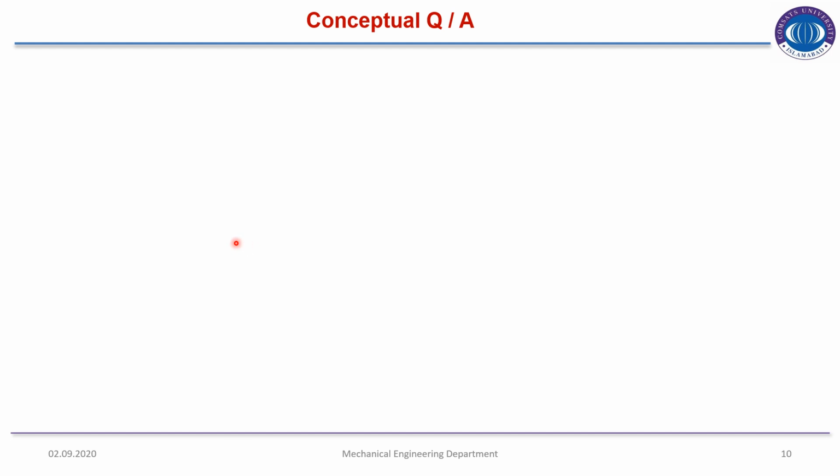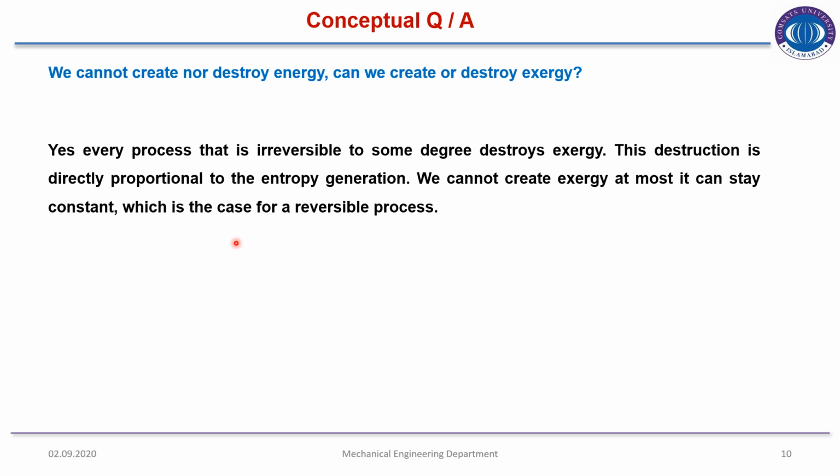Conceptual question answer: we cannot create nor destroy energy. Can we create or destroy exergy? We know that energy is equal to available energy plus unavailable energy. So energy is the sum of available and unavailable energy, and available energy is also known as exergy.